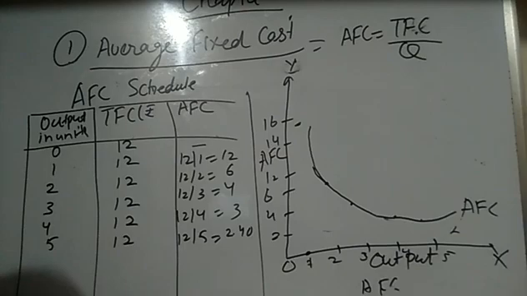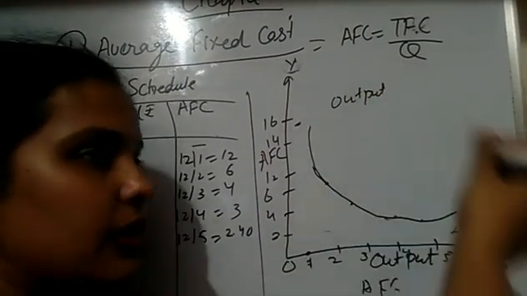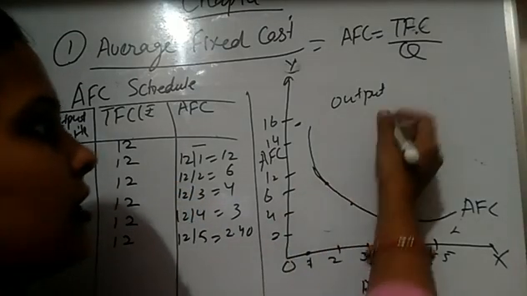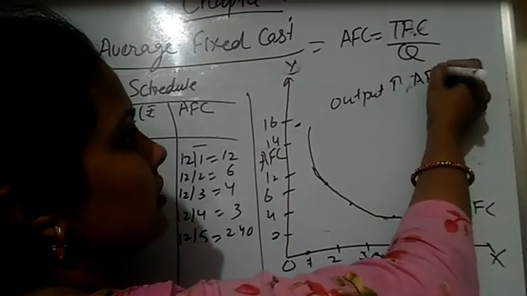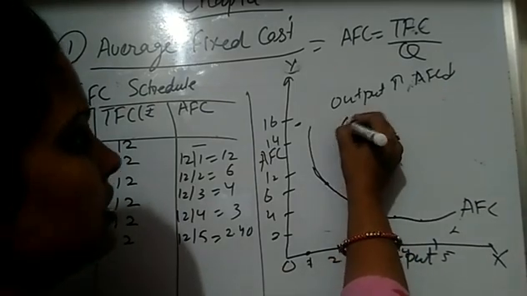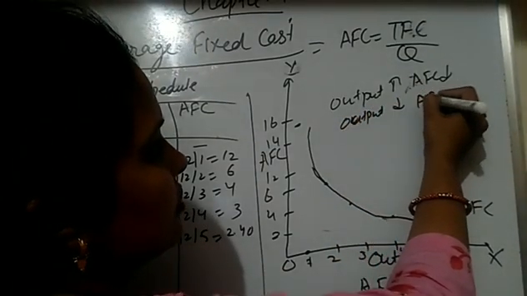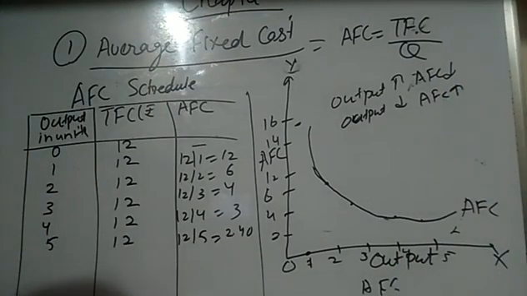When output increases, the number of units produced is more, and the cost is covered. So when output increases, the average fixed cost decreases. When output decreases, average fixed cost increases. Okay students, so this is average fixed cost.